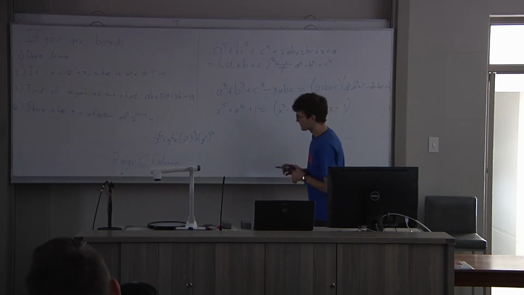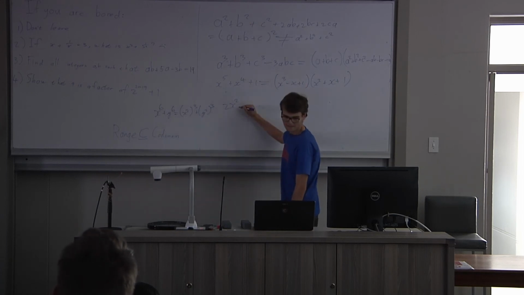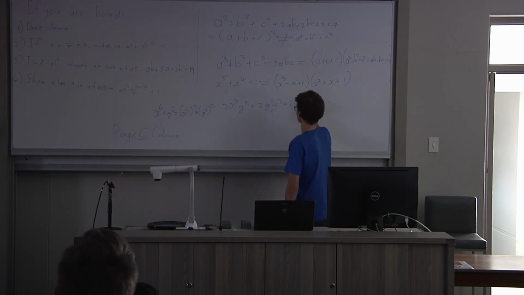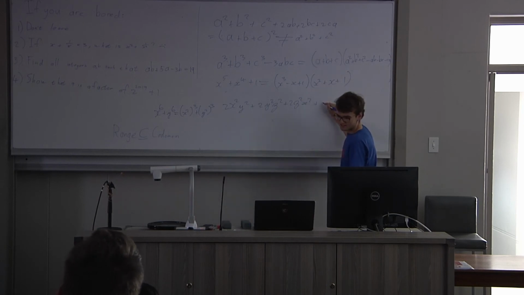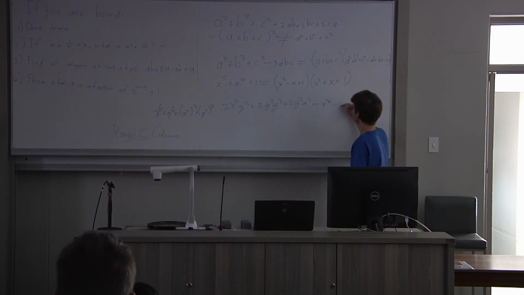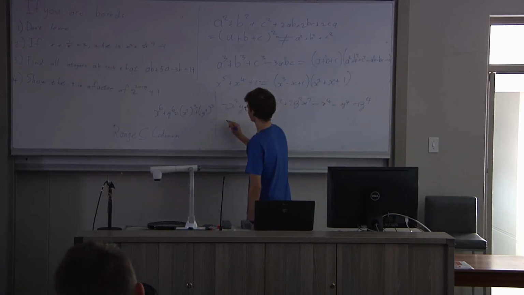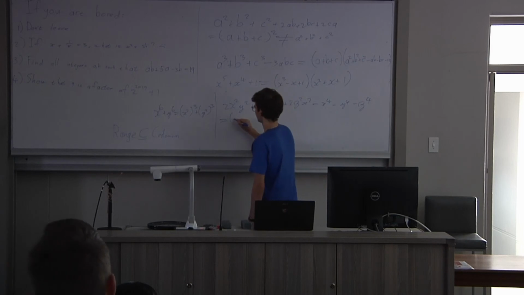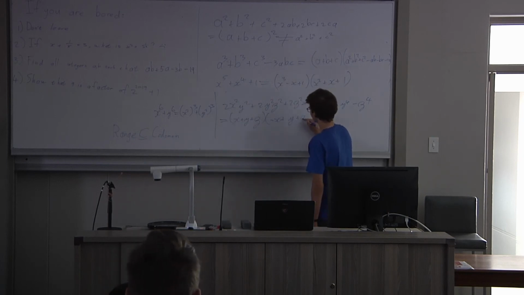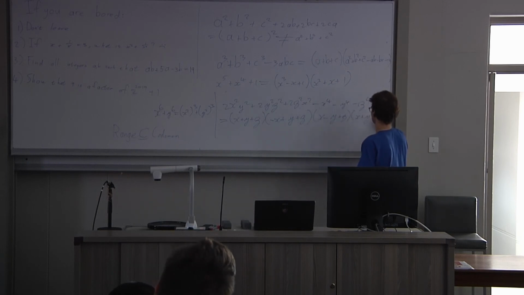And the last one for today is 2x squared y squared plus 2y squared z squared plus 2z squared x squared minus x to the 4 minus y to the 4 minus z to the 4, which it turns out is equal to x plus y plus z times minus x plus y plus z times x minus y plus z times x plus y minus z.